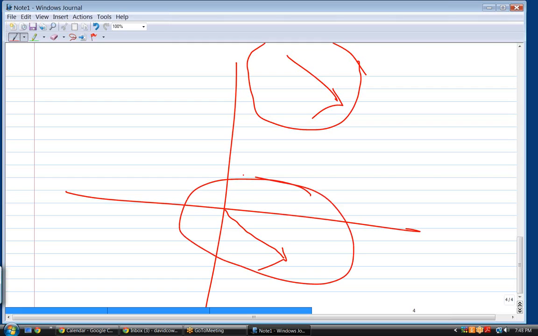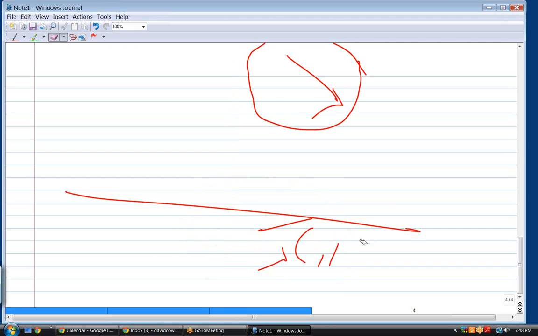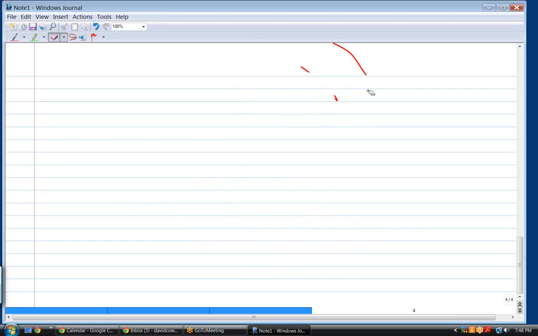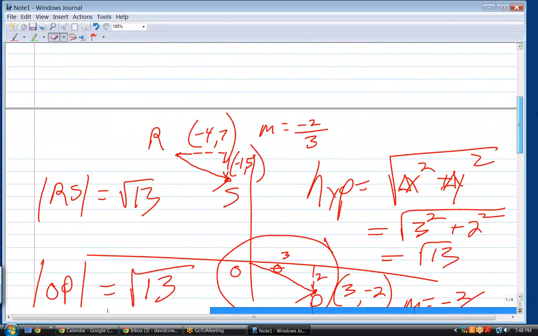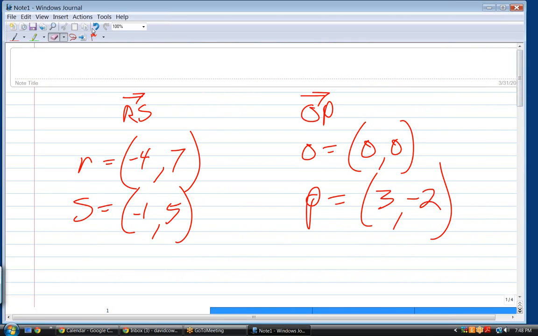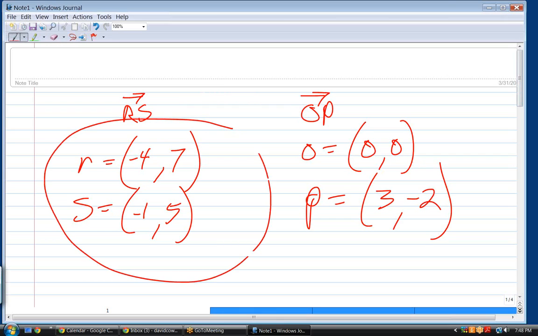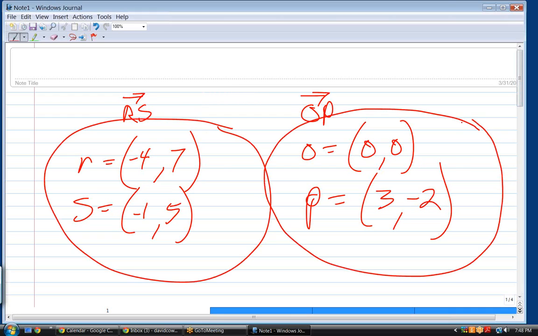This vector is the composite vector where one end always starts at 0, 0. And the only thing I need to describe that vector is the coordinates of the ending point. So any vector between any 2 points can always be turned into a vector starting at the origin going to some ending point, like they did on this first problem. They took this vector that was between those two sets of coordinates and they turned it into this vector where 1 was 0, 0.